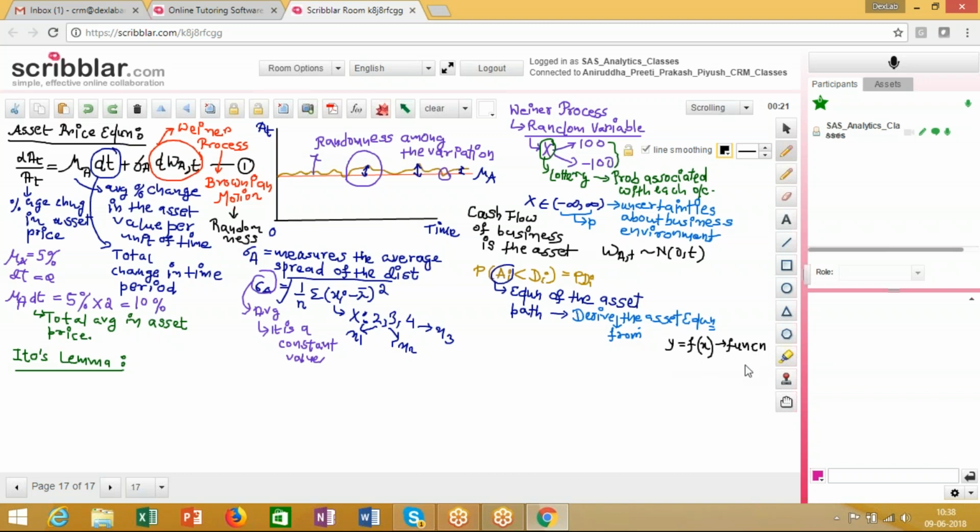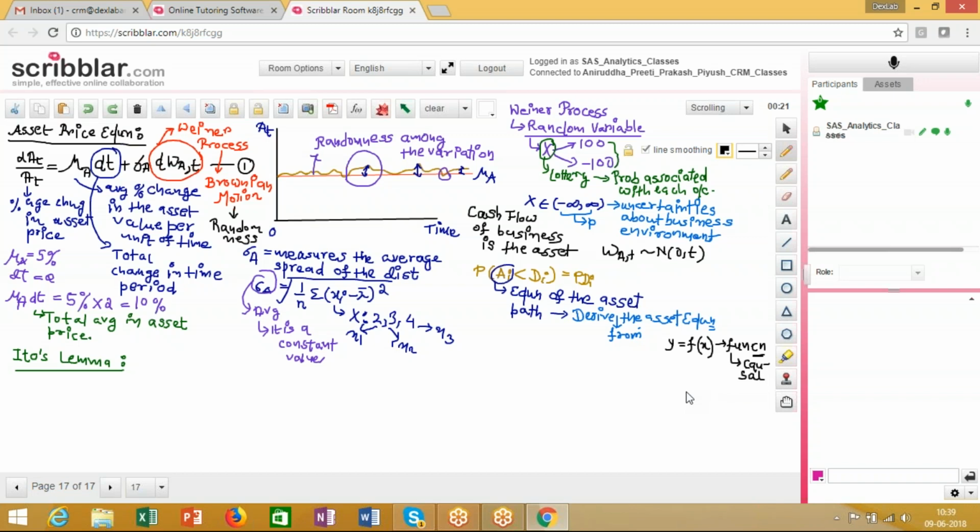So what does a function actually talk about? A function talks about a causal relationship. It talks about the concept of causality.